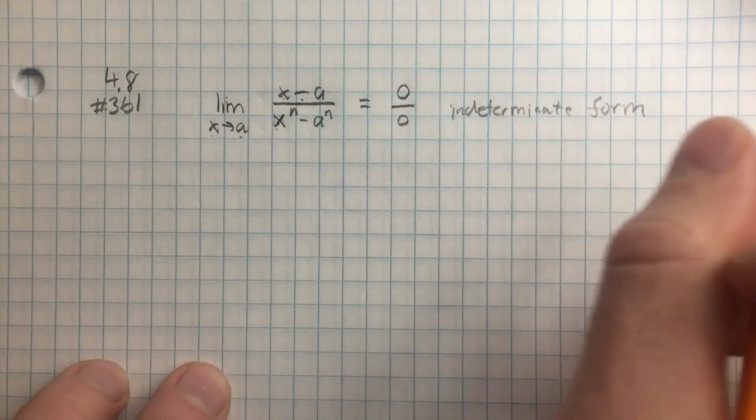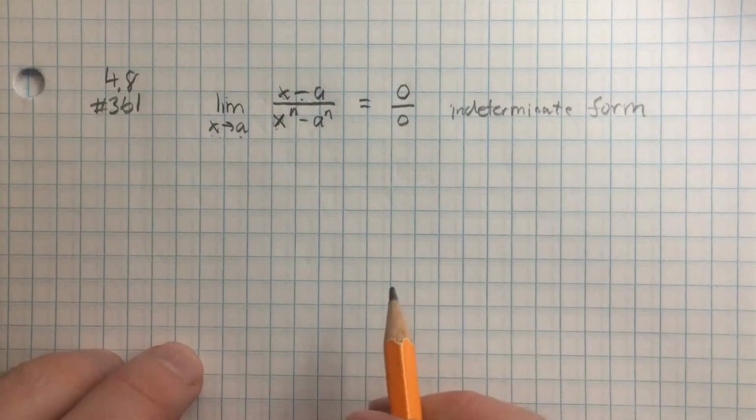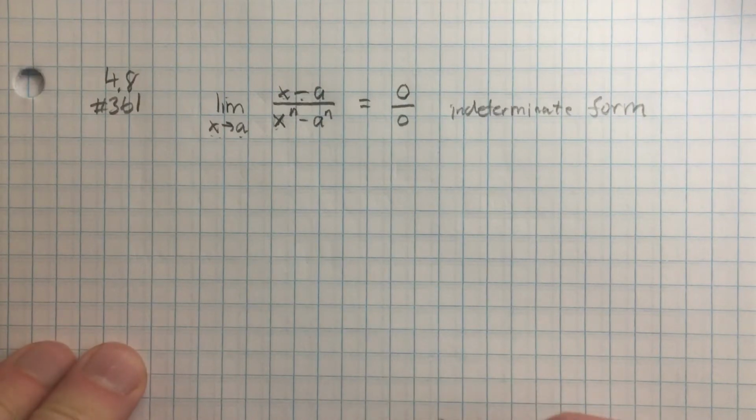There is another way to view this particular limit, and many of the questions in the textbook are like this. That's something to watch out for.